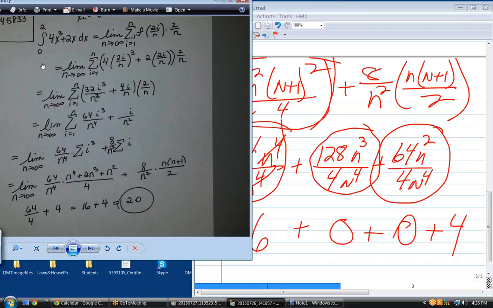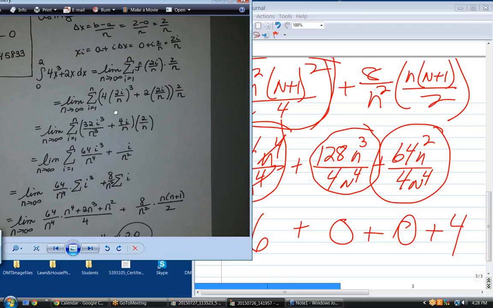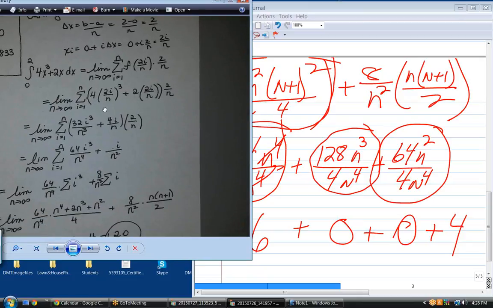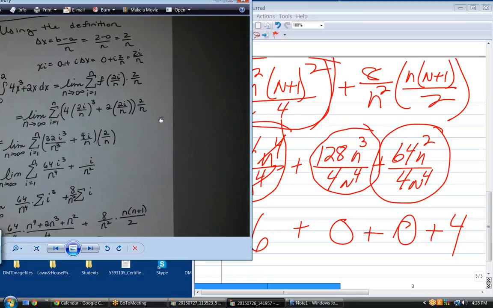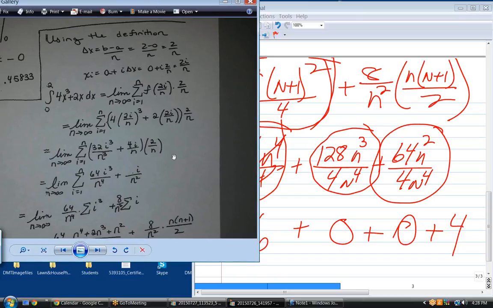The only thing we haven't really determined yet is whether it matters whether you do left endpoint or right hand endpoint. Because all we just proved is that the right hand endpoint, which is how this is defined, gives you the same area as the integral definition does, as the fundamental theorem of calculus does.